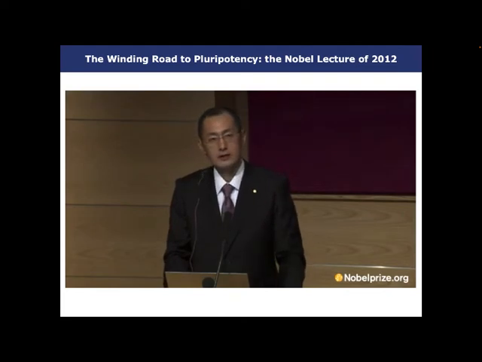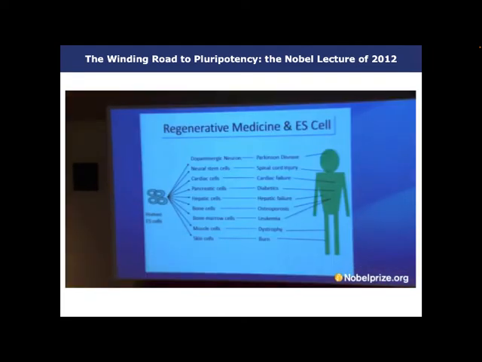But because of his success, it turned out that ES cells are very related to human medicine, because human ES cells share two important properties with mouse ES cells. We can expand human ES cells as much as we want, and then we can make various types of human somatic cells from them, such as dopaminergic neurons, neural stem cells, cardiac cells, and so on.